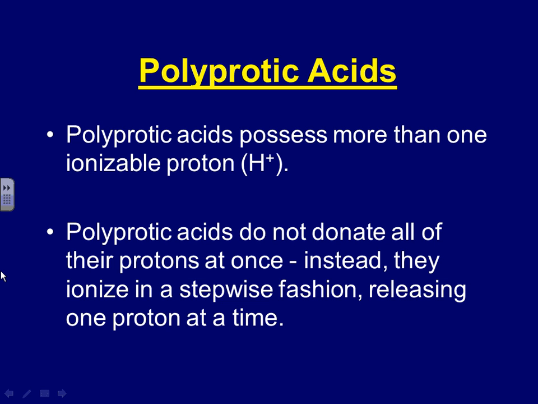Now, if you're doing a titration where you've got a strong base up against a polyprotic acid, like sodium hydroxide, that strong base will rip off all three H's, okay? So if you were to do a titration of phosphoric acid against sodium hydroxide, those hydroxides will rip off all three H's.